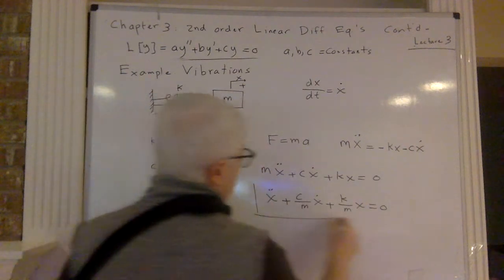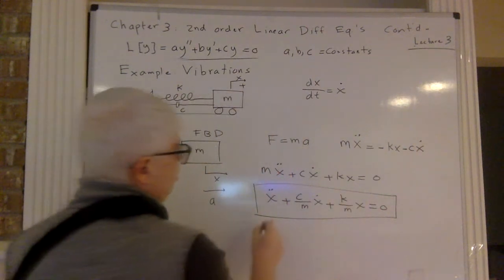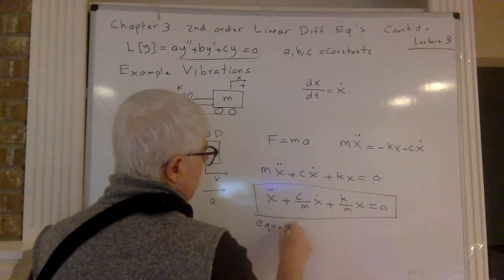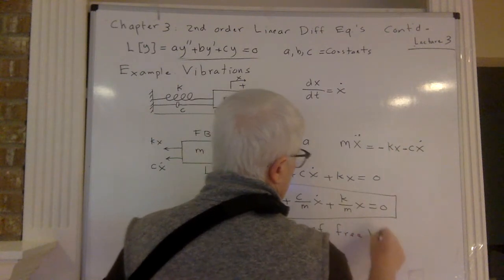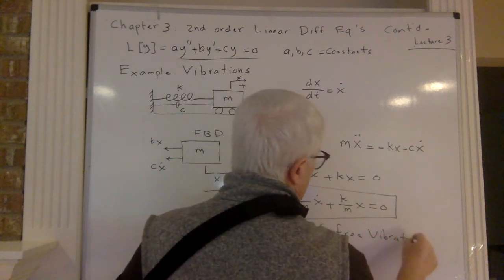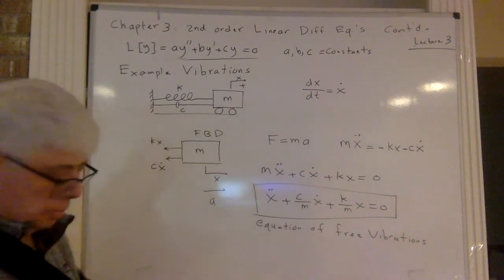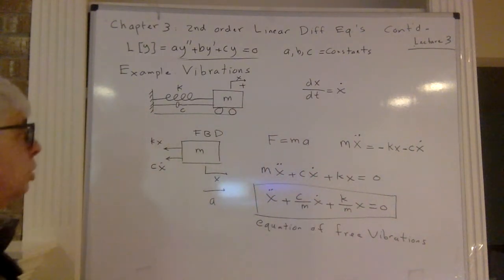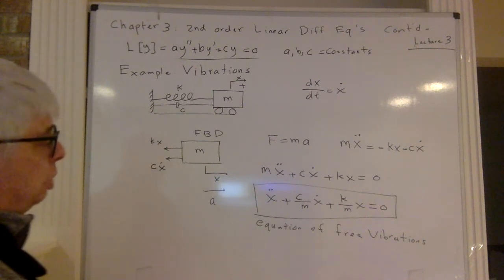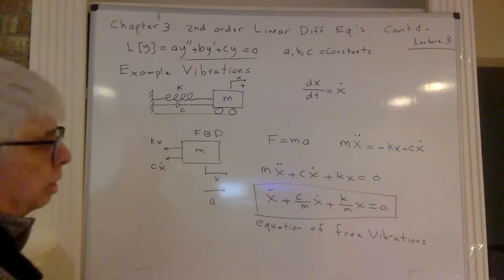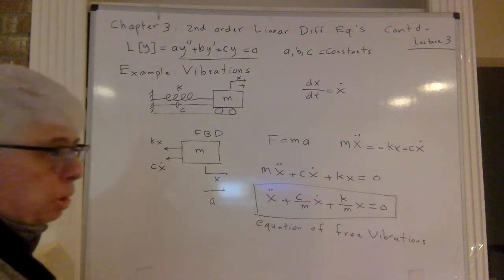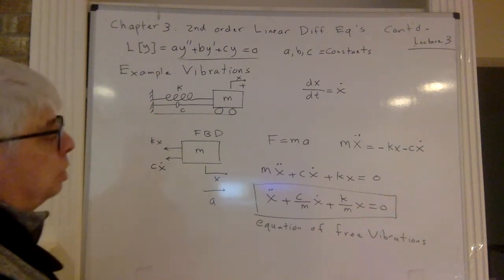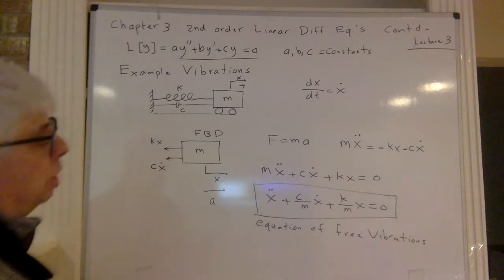So this is the equation of free vibration. Free means that I'm not forcing anything, so there is no external force applied. As you can see, this is a second order linear differential equation with constant coefficients, and I'm assuming that m, k and c do not change. So all coefficients are constant.